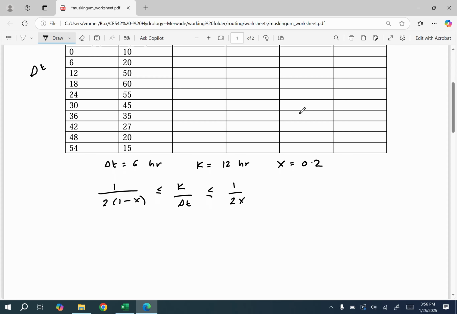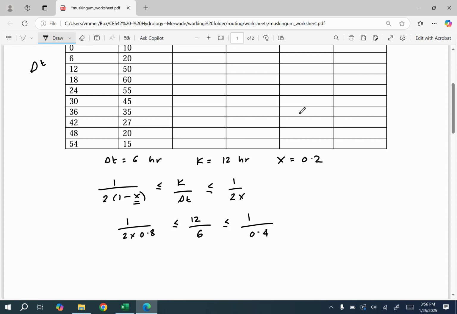So X is 0.2, so that becomes 1 over 2 times (1 minus X). 1 minus 0.2 is 0.8, K is 12, delta T is 6, and this is 1 over 2 times 0.2, which is 0.4.